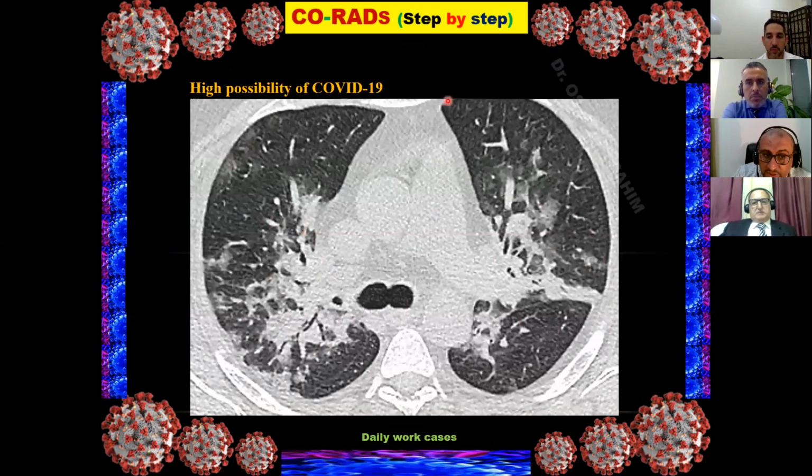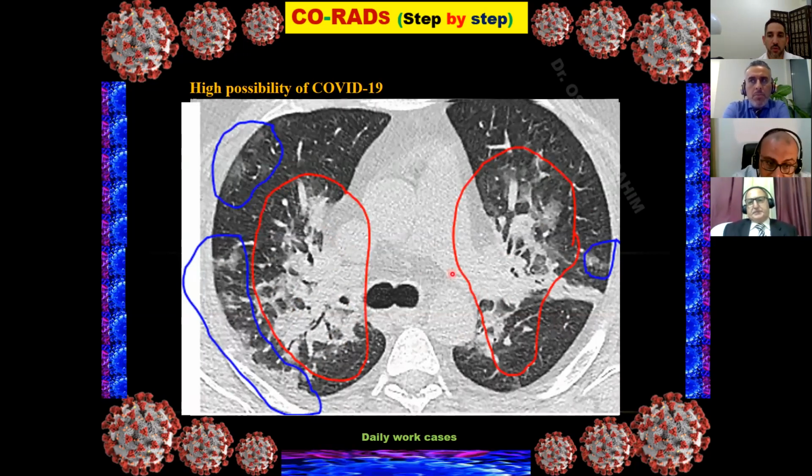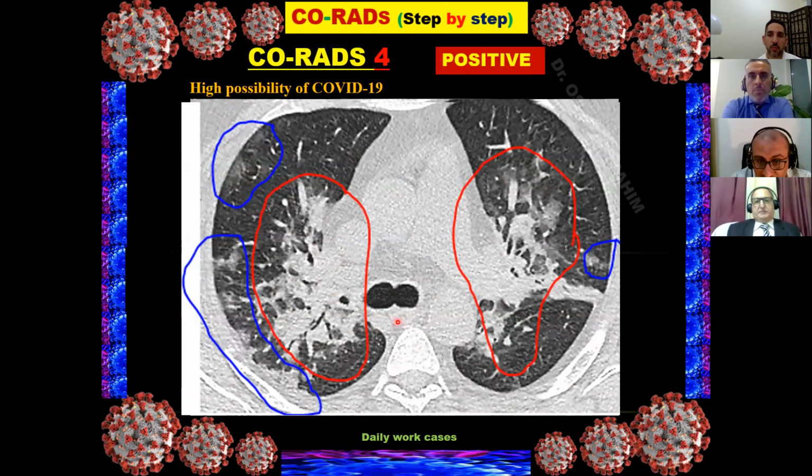However, there are also areas of ground glass opacity in the peripheral aspect of the lung, pleural based. So the features are typical for COVID-19 and should be diagnosed as CO-RADS 5. However, because of the predominance of the perihilar distribution over the peripheral, I consider this one of the exceptions which transfer it to CO-RADS 4, meaning only high possibility of COVID-19, but the RT-PCR test was also positive for that patient.